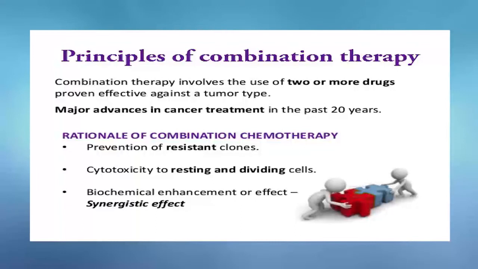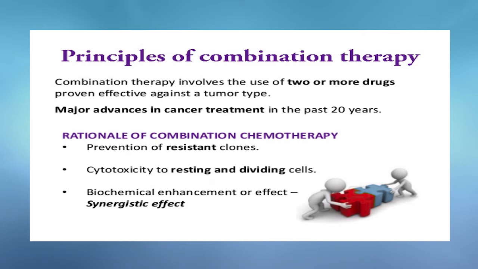Some resistance develops during the treatment, so the patient will respond for two or three months and then eventually become resistant. One theory is that at the beginning, the response you see is from the sensitive cells, and at the end of treatment you are left with the resistant cells and you don't get more response to chemotherapy.